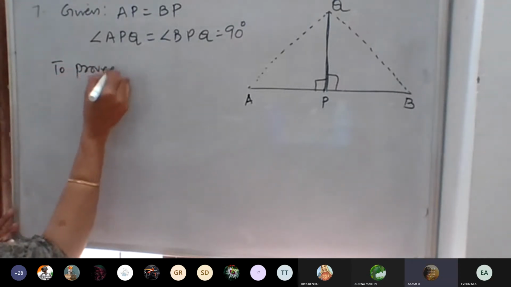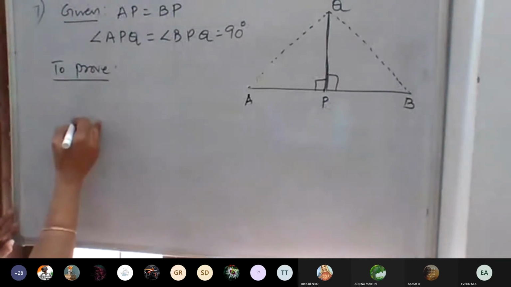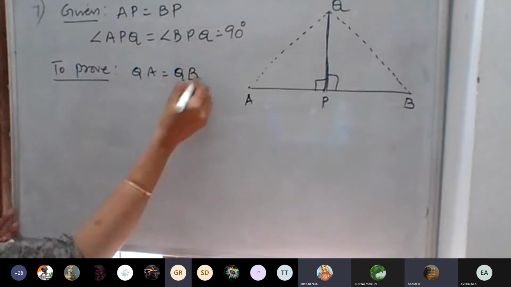To prove: QA is equal to QB. Then the proof.